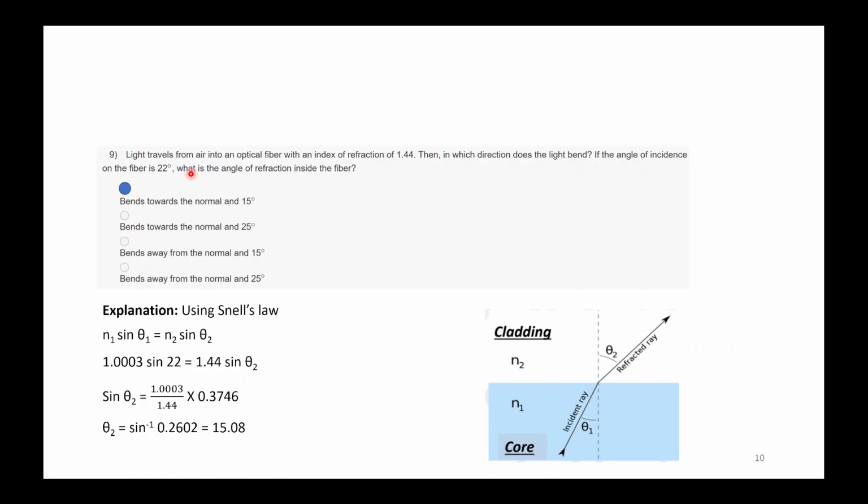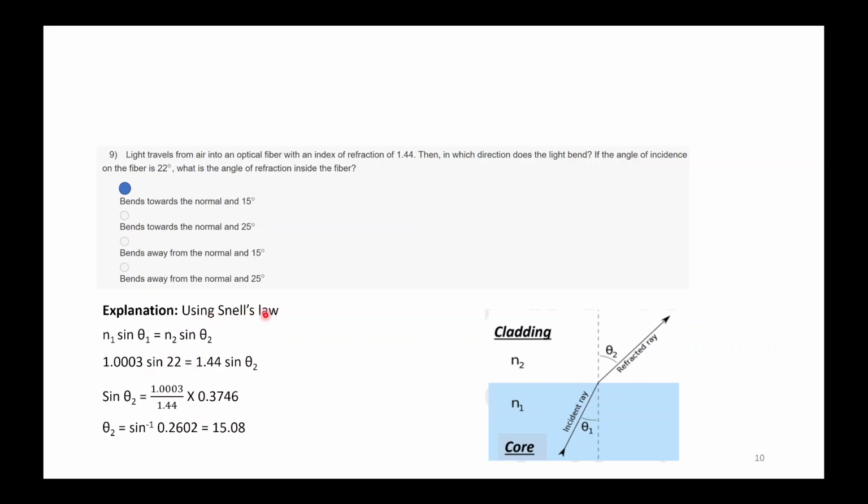This angle is given 22 degree, and then at what angle it will pass inside this optical fiber we have to find out. Refractive index n1 and n2 are given. N1 will be, for air we can easily search it online, or we can remember that it is 1.003, and for optical fiber it is given 1.44, and angle 22 is given.